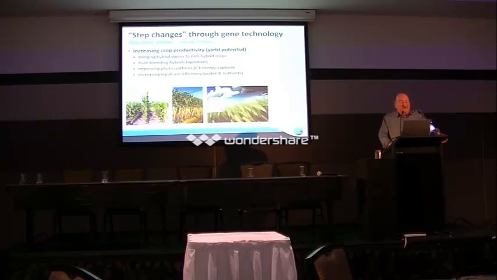Further down the track, I think improved photosynthesis. Wheat is known as a C3 plant. It has a particular biochemistry, in terms of its photosynthesis, which is not as efficient as some of the other grass plants. If you think of bamboo, for instance, and sugarcane, enormous biomass crops that are actually C4 plants. They have a different pathway for photosynthesis.